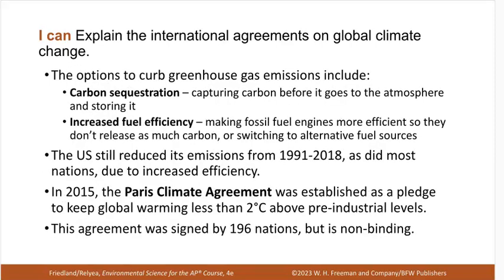But we are reducing our levels due to increased efficiency. So the US, even though we did not sign, has reduced its carbon levels. So that's great. Some options to curb greenhouse gases are carbon sequestration, which we talked about on a previous video, and increasing the fuel efficiency of our cars.